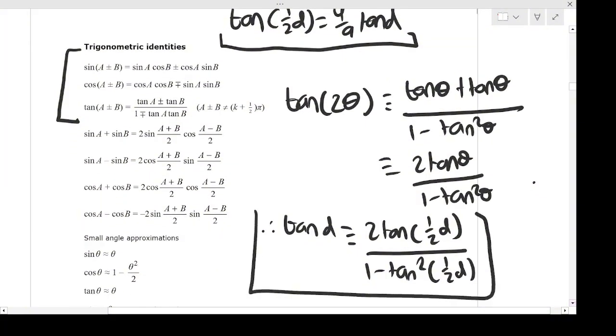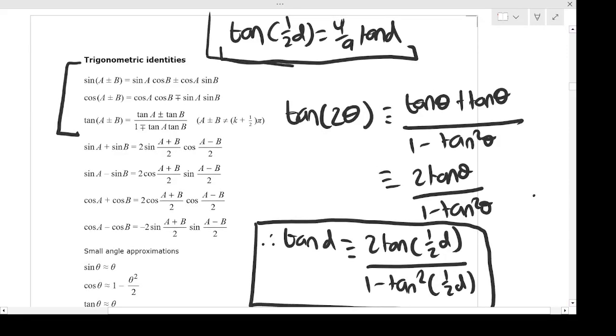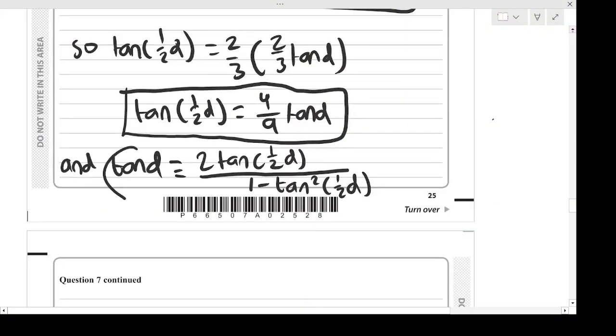I can use the formula in the formula book, but you need to be familiar with how you can work with these double angle formulas from normal maths. So I've got this expression for tan alpha from the formula book.